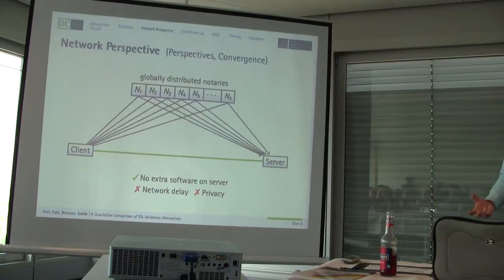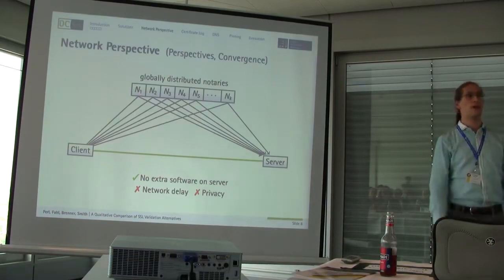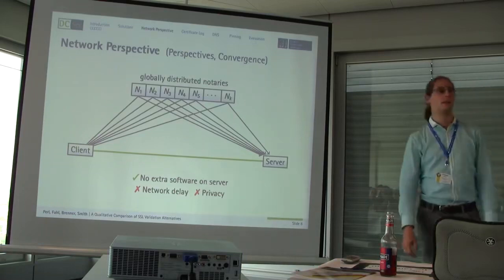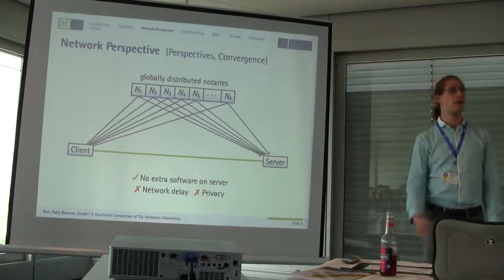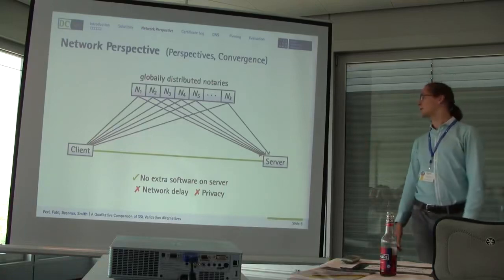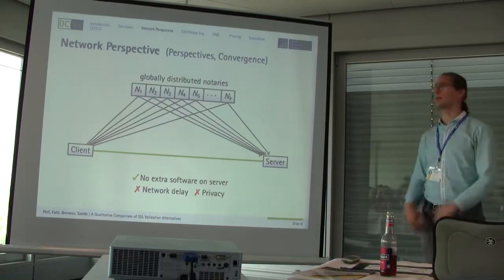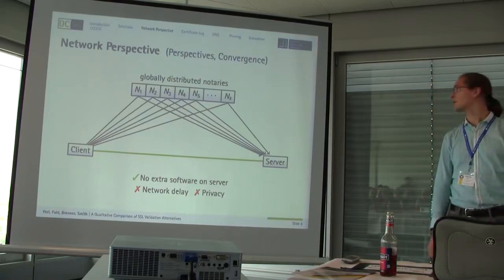But the disadvantage is, of course, network delay, so we need to wait for all notaries to answer, and also privacy. So if I ask n people for each domain that I connect to what that domain's certificate is, then I leak my browsing history, or at least the domains that I browse to, to all the n notaries.